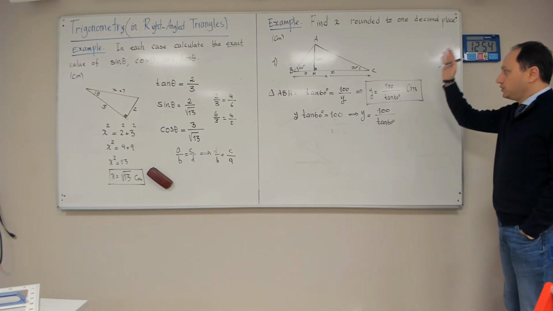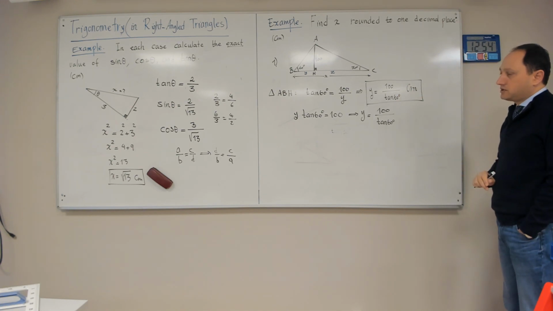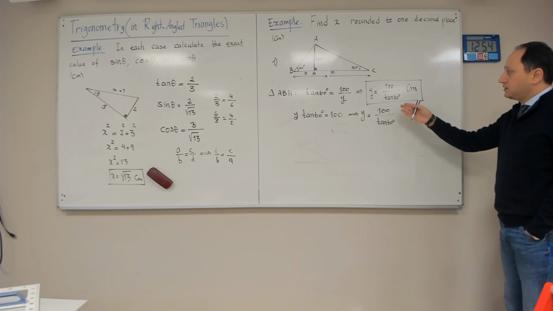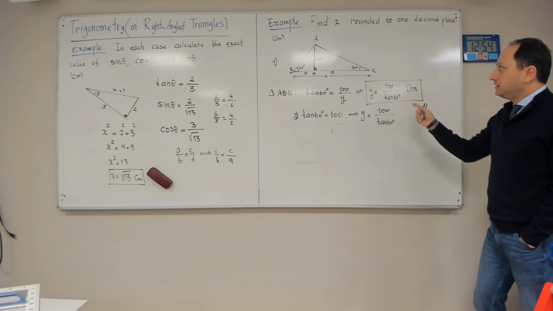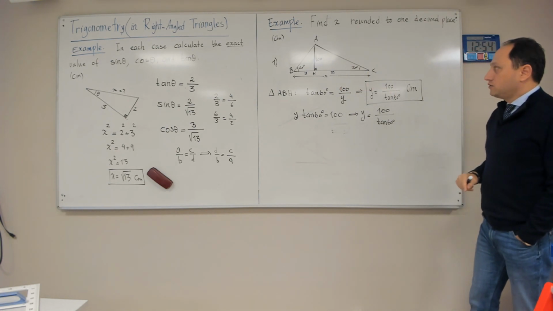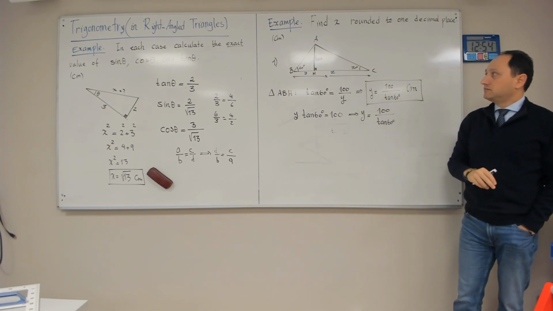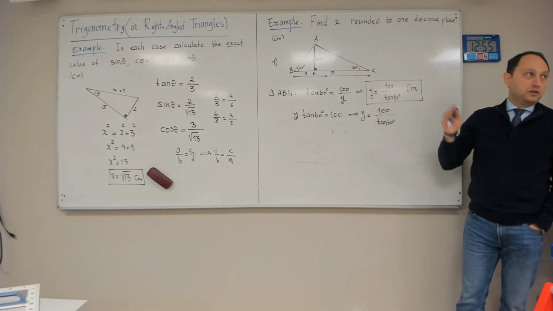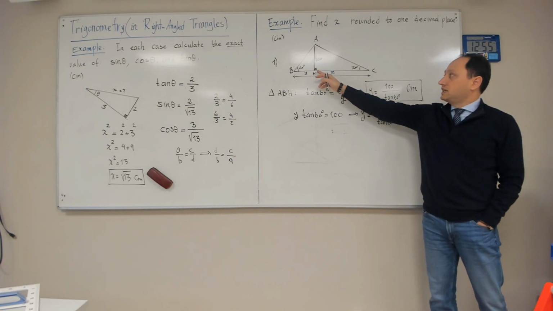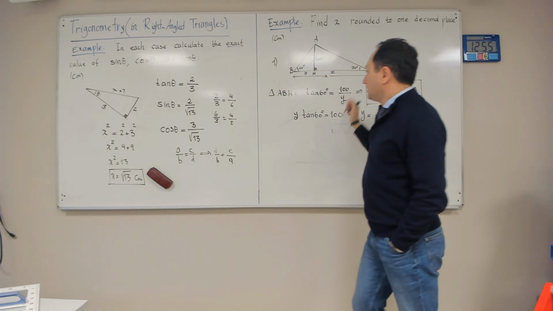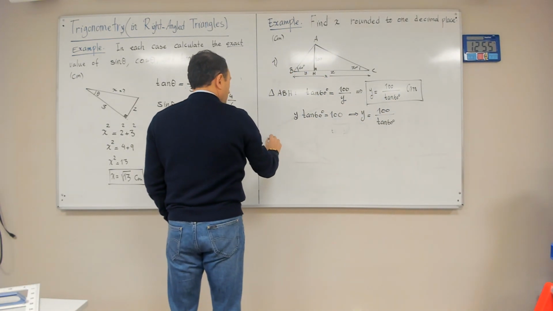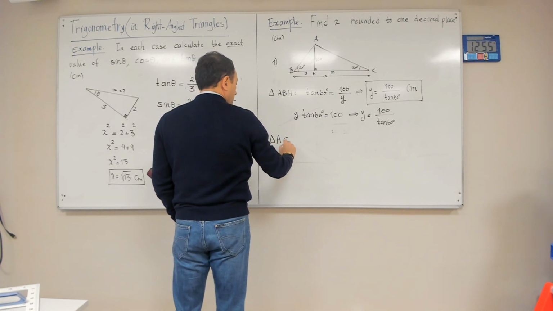If you want to, you can just put it in the calculator right now. But let us keep it. And then I want to do the same thing to find z. So which one is suitable for finding z? Which one? It is clear that z is in this triangle. So I need to mention my triangle. Triangle ACH.